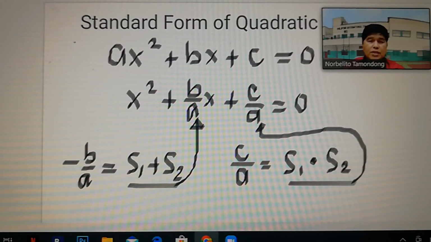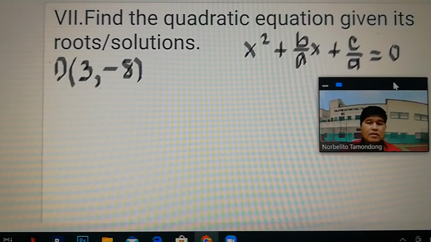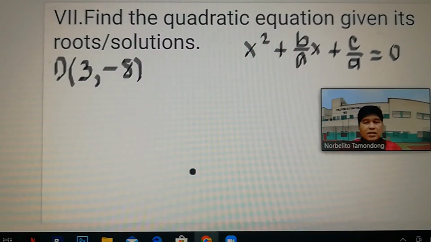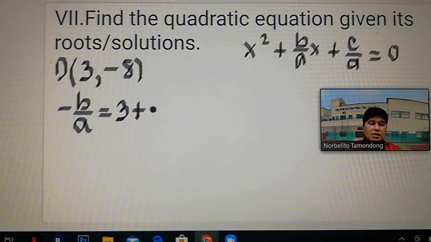For example, the roots of the quadratic equation are 3 and negative 8. We simply get the negative b over a, which is the sum of the roots. The two roots are 3 and negative 8, so just get the sum: 3 plus negative 8.